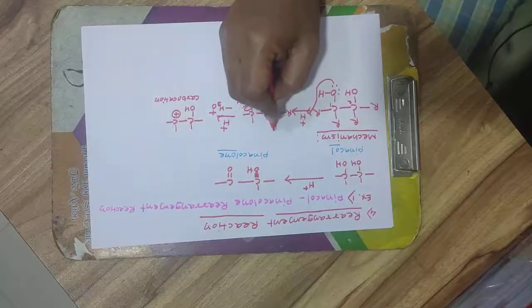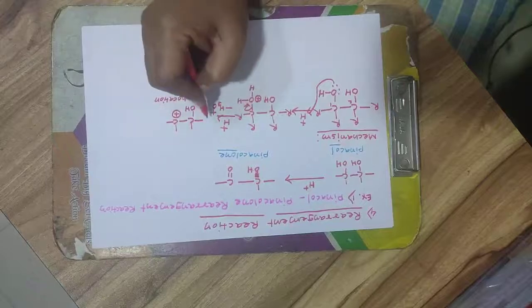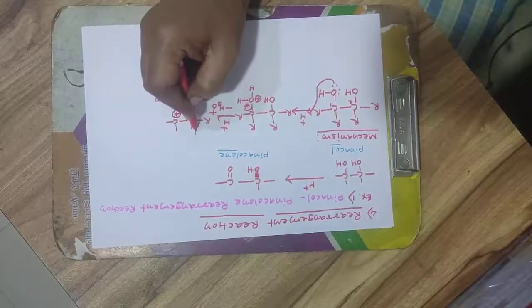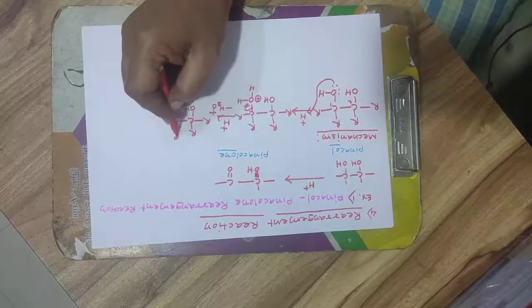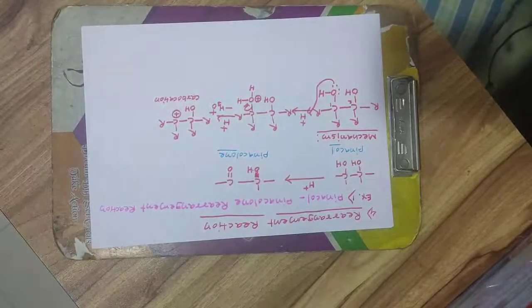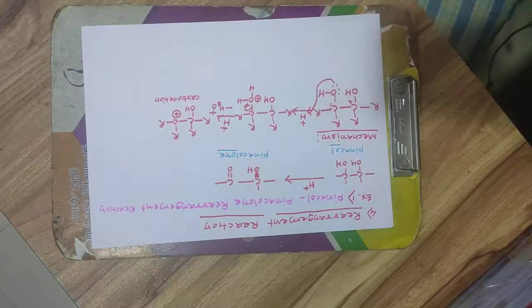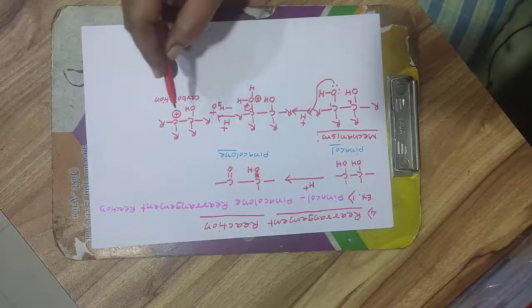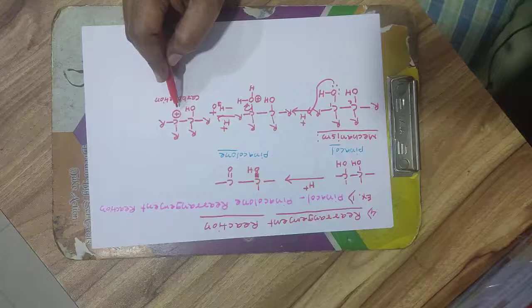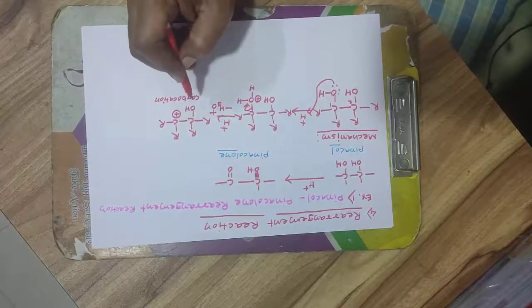Here is also R, alkyl group. This R may be methyl, alkyl, or aryl. Or you can label R, R1, R2, R3, maybe different. Now there is a formation of a carbocation. So what happens here?